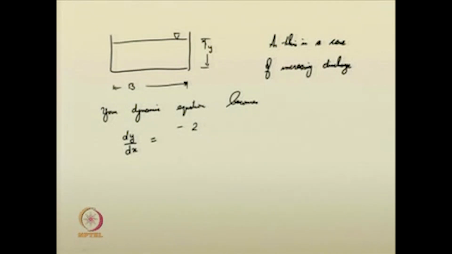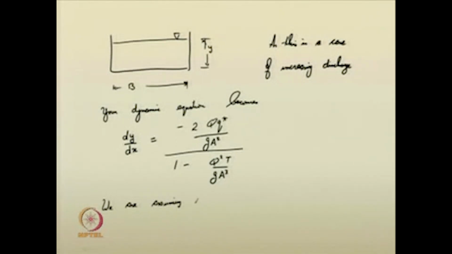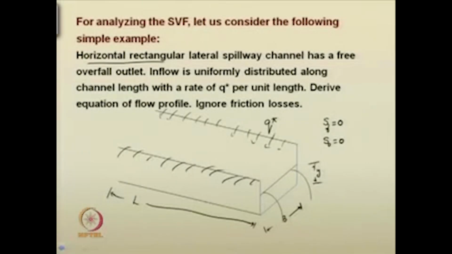So, this becomes minus 2 Q q star by g A squared, the whole quantity divided by 1 minus Q squared T by g A cubed. We are assuming that the momentum correction factor is approximately 1 only for this particular problem. So, just go through here.